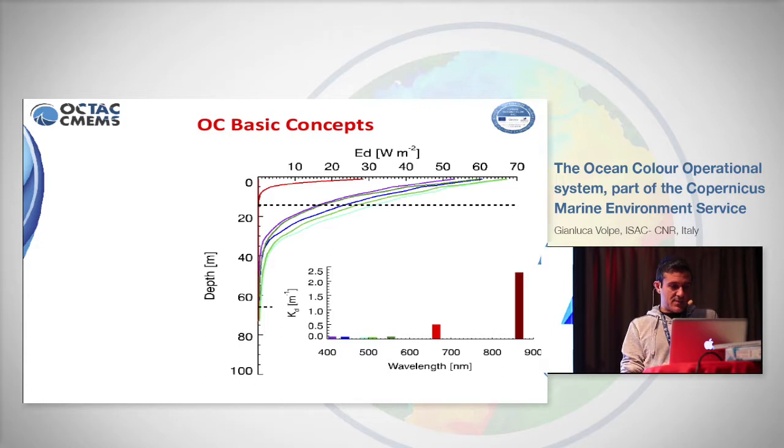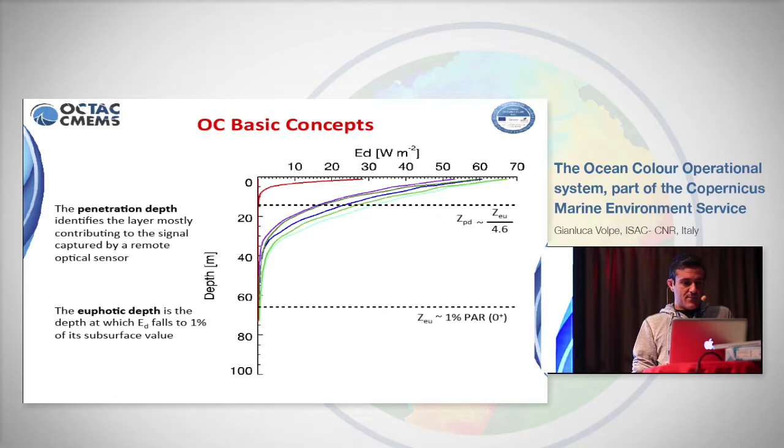This is a KD spectrum, and you can see that the ED decreases faster, goes faster to 0 in correspondence of high values of KD, which is here. Two important parameters can be derived from these profiles.